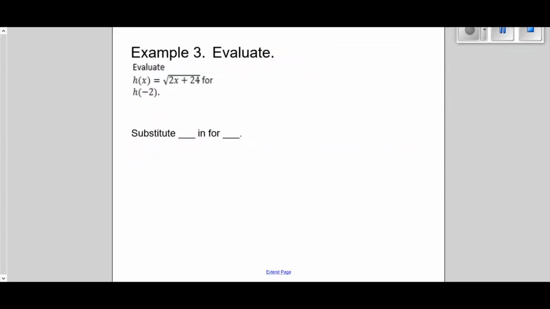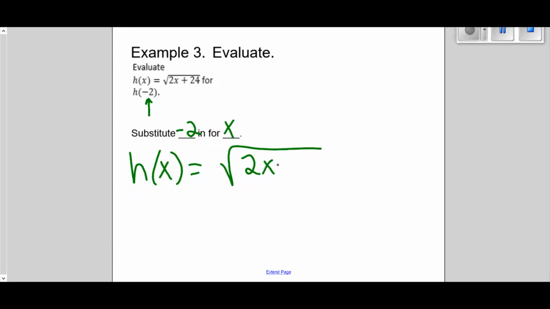Example 3. Same concept: evaluate h of x equals the square root of 2x plus 24 for h of -2. So again, here we have the -2 in the x spot. So I'm substituting -2 in for x. I'm going to say h of x equals the square root of 2x plus 24. Then I'm going to substitute -2 in.